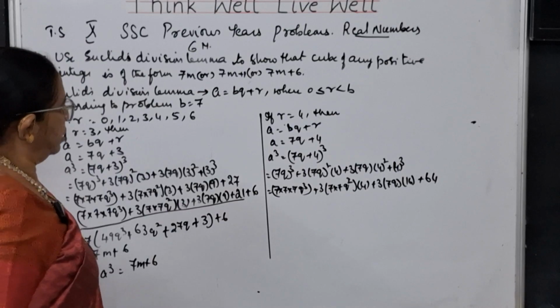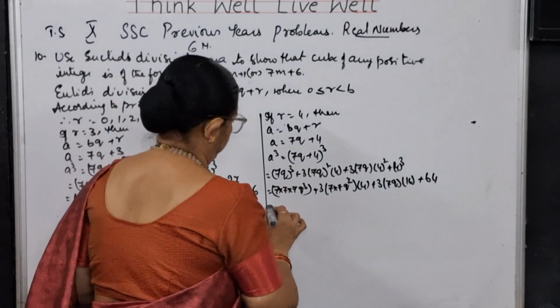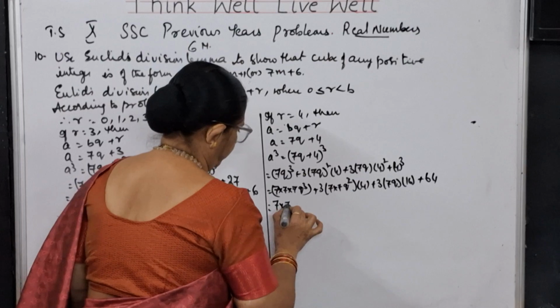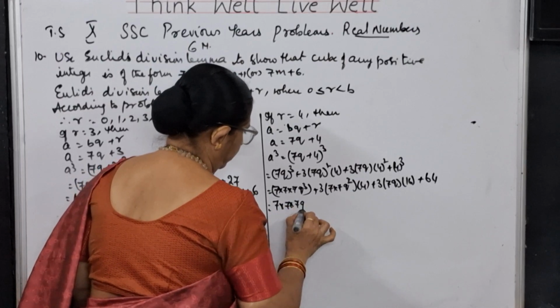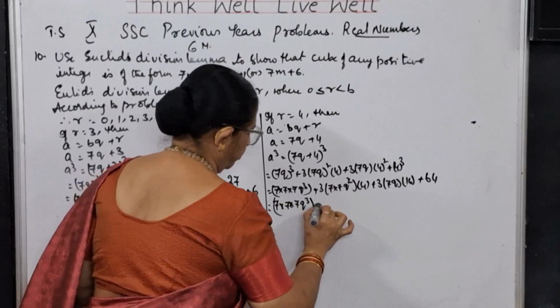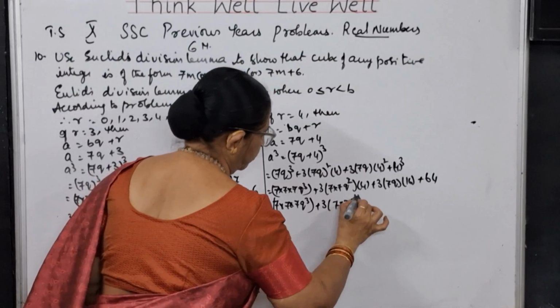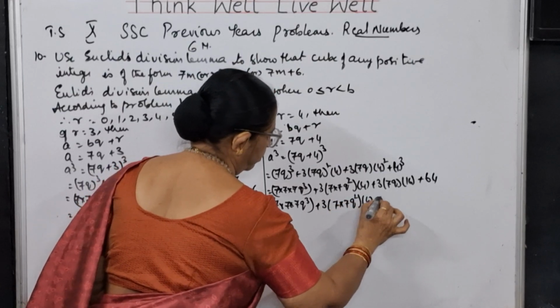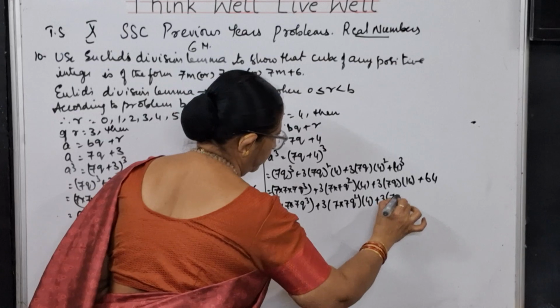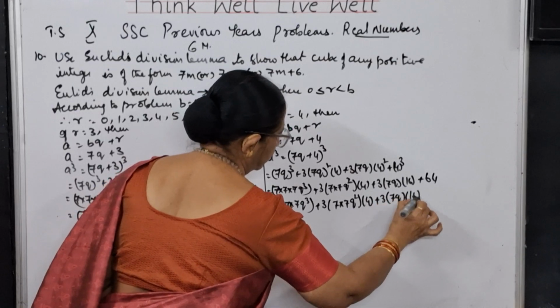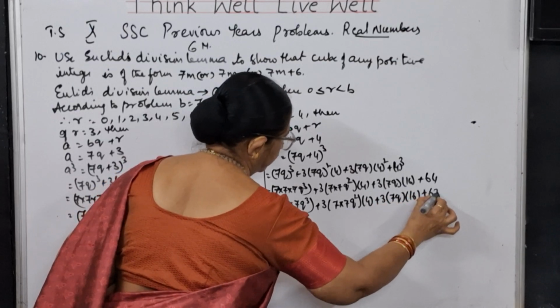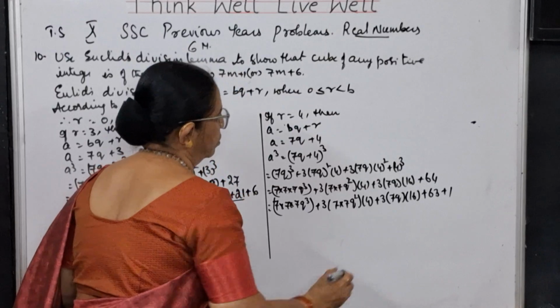So this can be written as 7 into 7 into 7q cube plus 3 into 7 into 7q square into 4 plus 3 into 7q into 16 plus 63 plus 1.